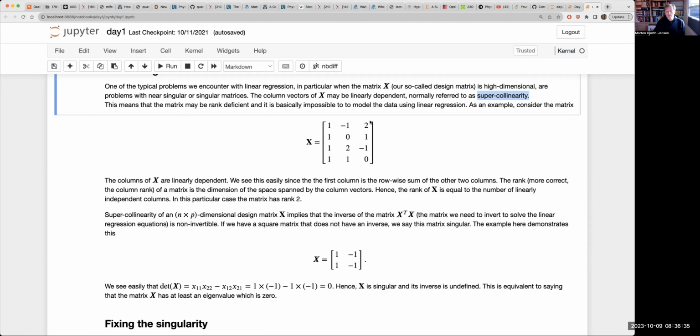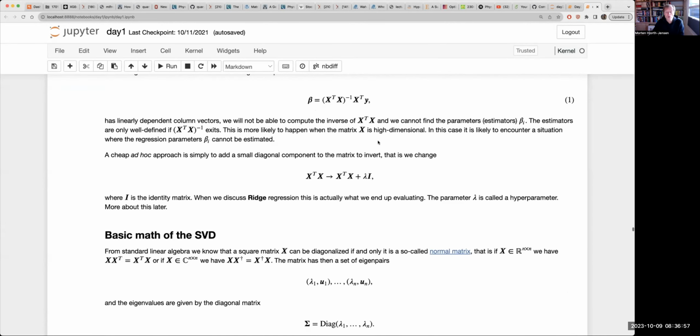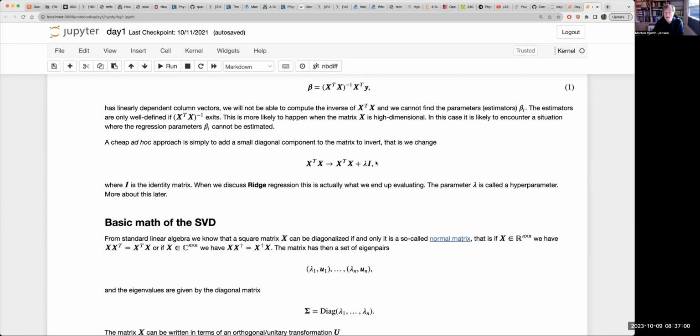And other parameters could be the thickness of the tumor, etc. So in general, in such a data set, there is a large possibility for correlations among the data and also dependencies, which means that when we try to invert the matrix, we will have problems with singularities. So as I said, one cheap way to fix the singularity is just to do that, but what we will show today is that we can rewrite this in terms of ridge regression, which gives a slightly more elegant mathematical connection to the optimization problem, and a nice connection with a probabilistic interpretation of ridge regression.